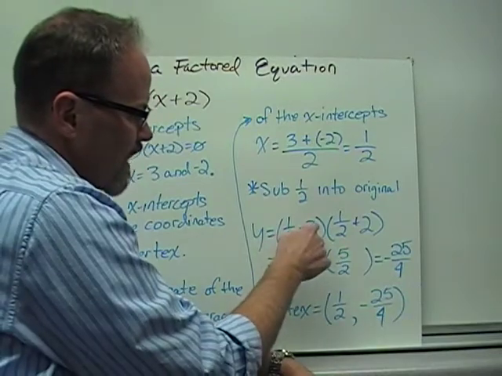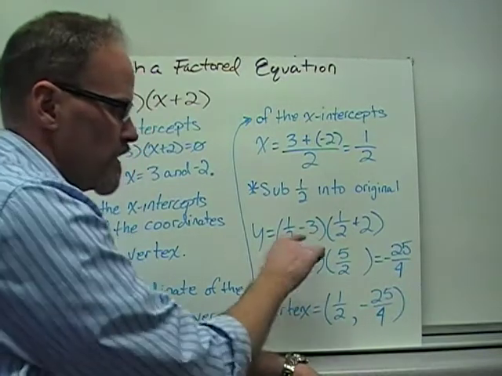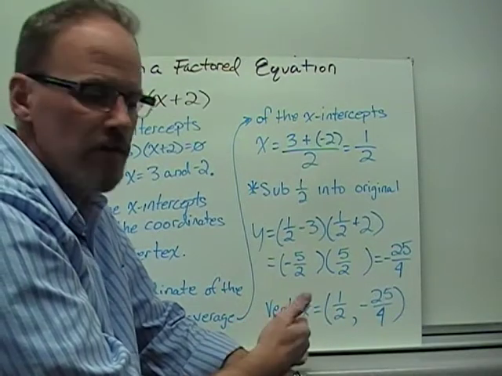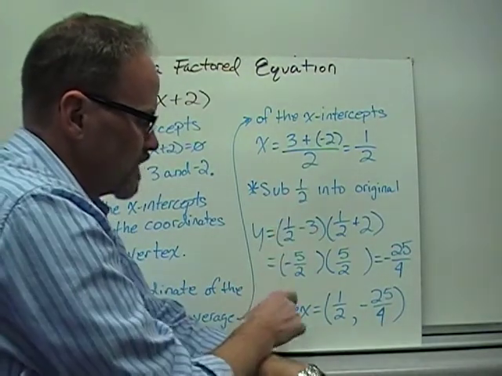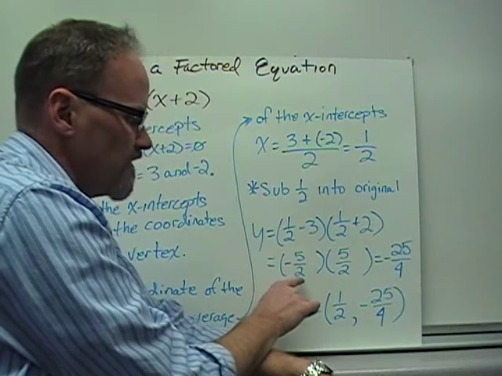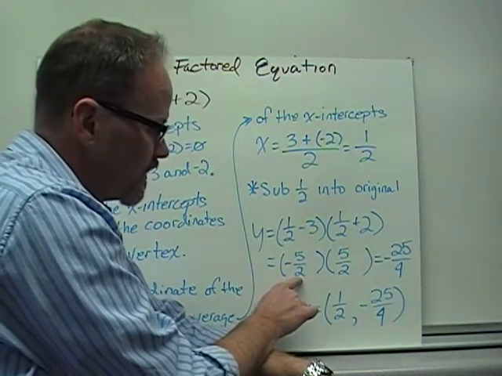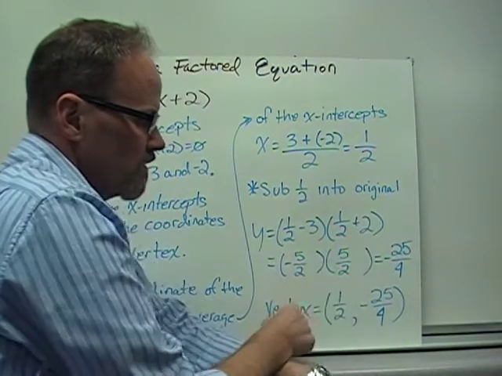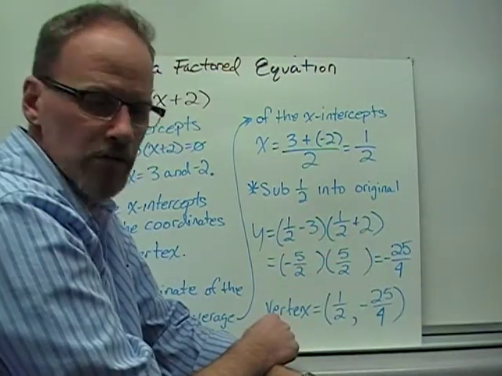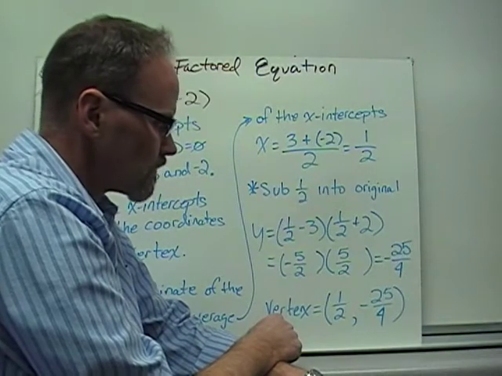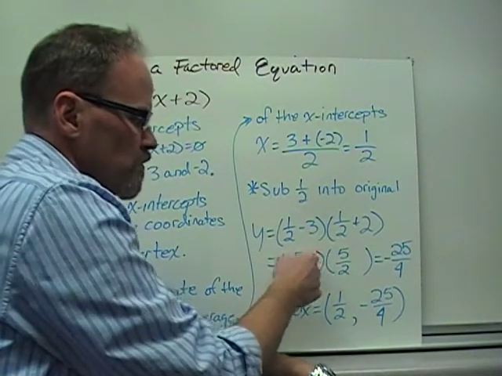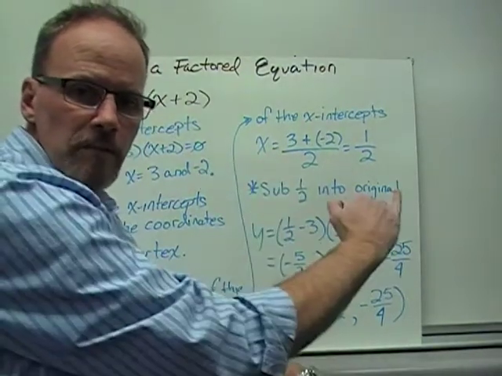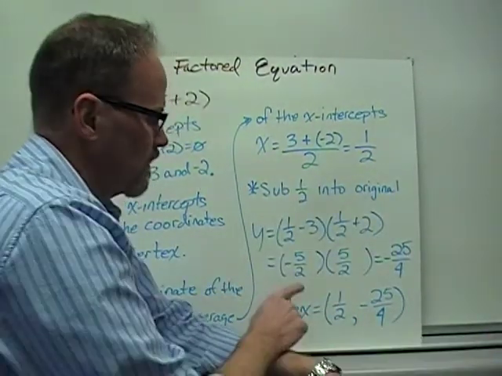When I work this out, remember, you can't add or subtract fractions until you find the common denominator. So I change the fraction up, and what you get is negative 5/2 for this quantity here, and a positive 5/2 for this quantity. Then this is multiplication right here. Multiplying fractions, we multiply the tops across, bottoms across.